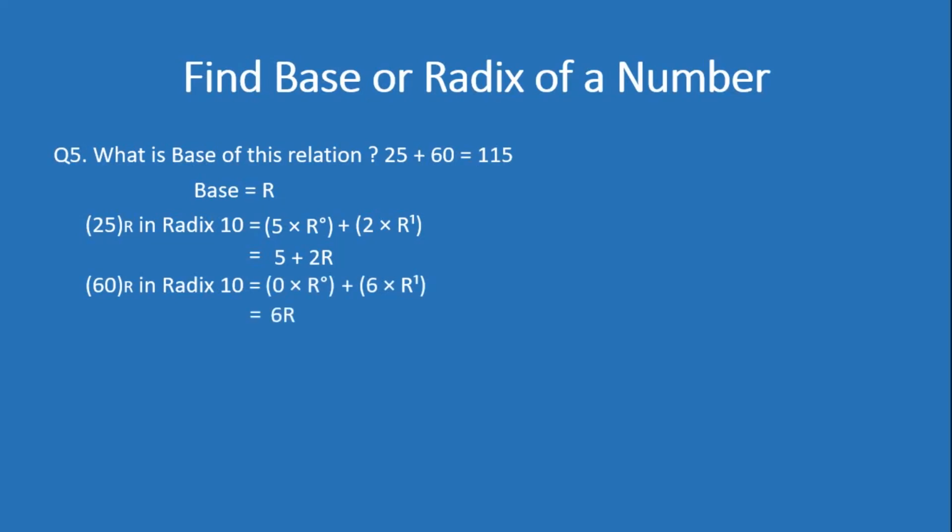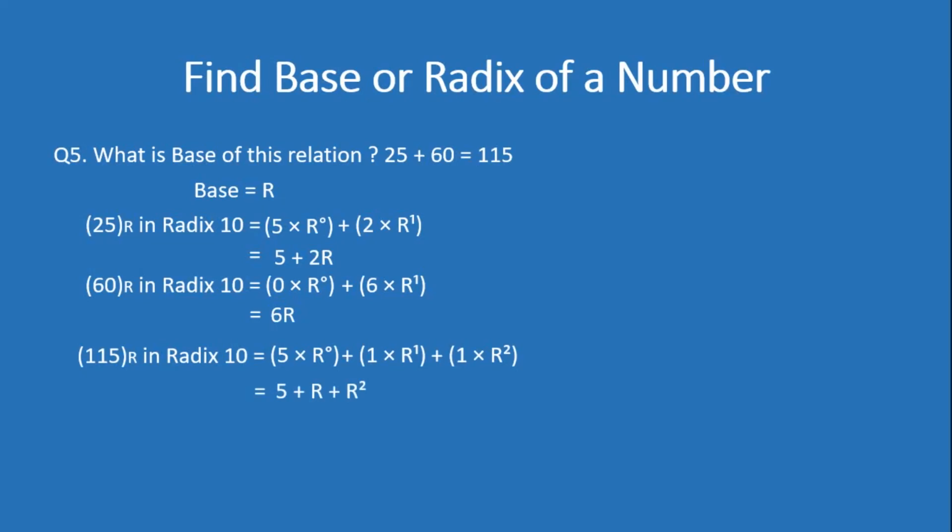So that is equal to 6r. Now the last number 115 in radix 10 will be 5 multiplied by r to the power 0 plus 1 multiplied by r to the power 1 plus 1 multiplied by r to the power 2. So that is equal to 5 plus r square.